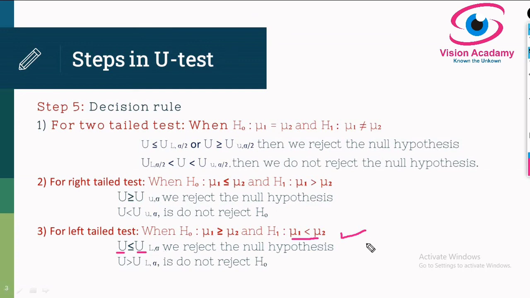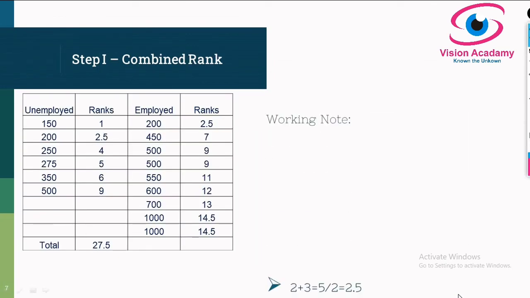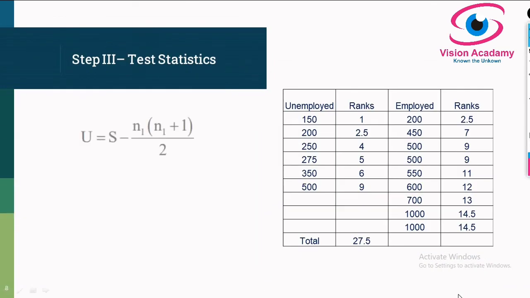Here our tested value is 6.5, which is lesser than the U table value of 29, so we reject the null hypothesis. If the U tested value were greater than the U table value, then we would have accepted the null hypothesis.